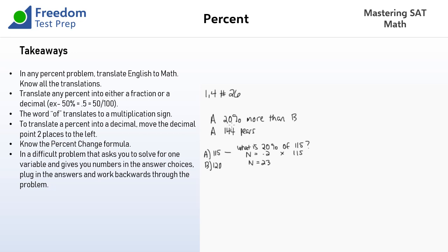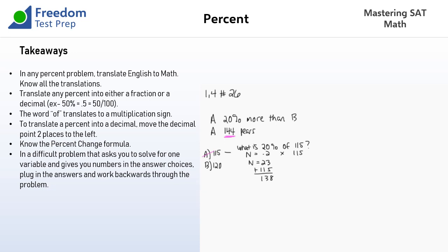We remember this is 20% more than B, so not 20% of B. So we're going to be adding back the 115, and hey, that only adds to 138, not the 144 that A should be. So A is not the answer.